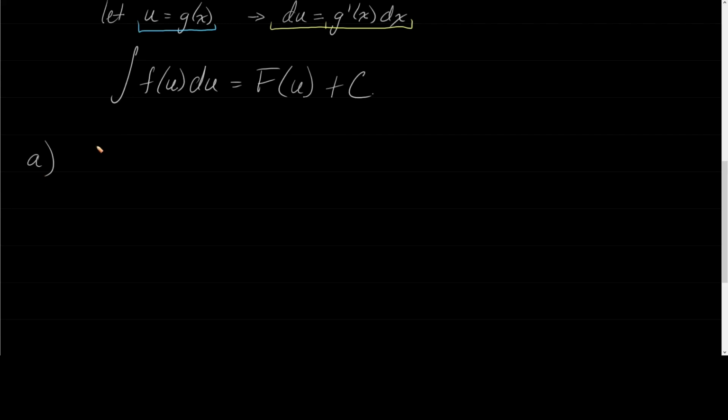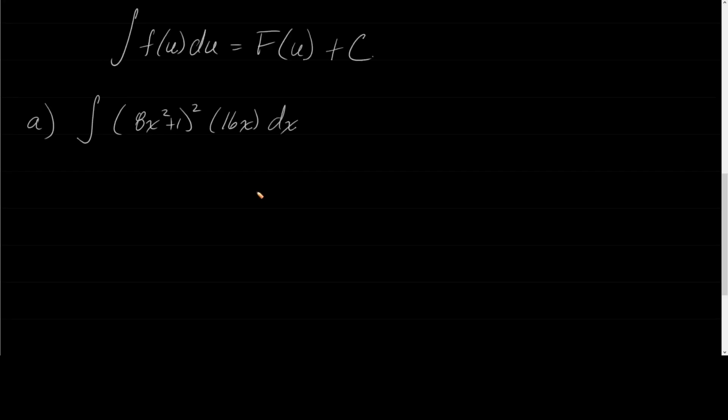Let's say that I have the integral of (8x squared plus 1) squared times 16x dx. Right? And here, what we want to do is put this into U sub format. The way we do that is we have to let something in here be u.